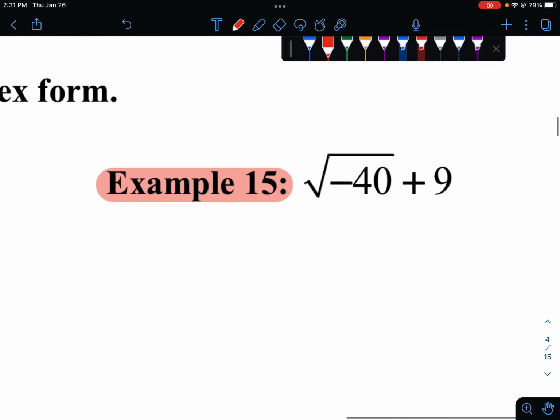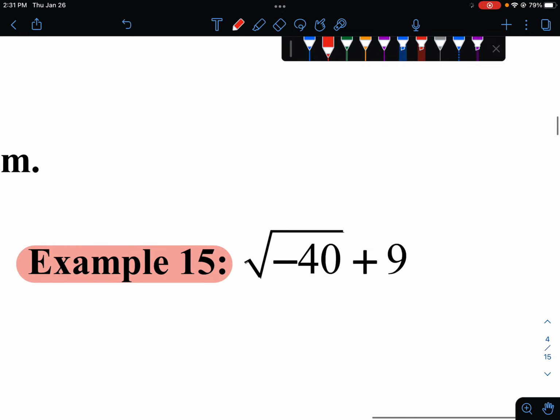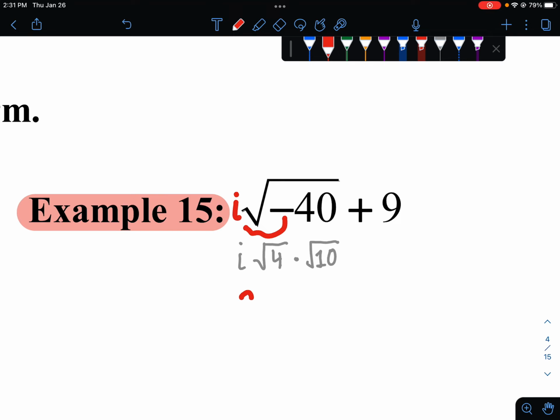When we start solving quadratics, you're going to see that that's the way that we want to write it. Now, if we have something like this that is not a perfect square, we're going to do our normal thing. We're going to find our square root and the other factor here, and I get 2i root 10 plus 9, which is good.